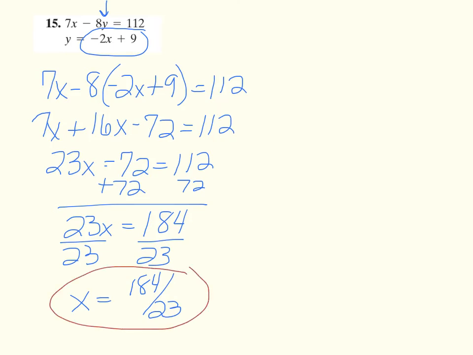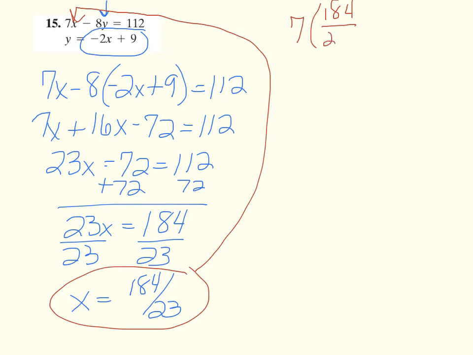So we're going to take that value and substitute it into this. 7 times the quantity 184 over 23 minus 8y equals 112. Okay, so I'm going to multiply everything by 23.